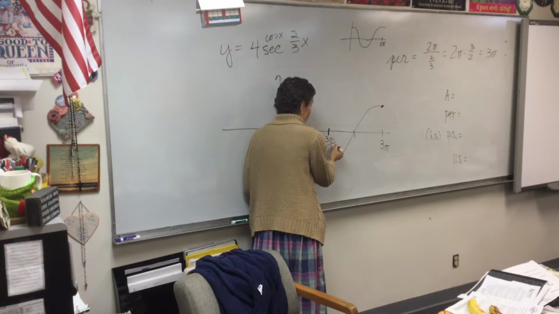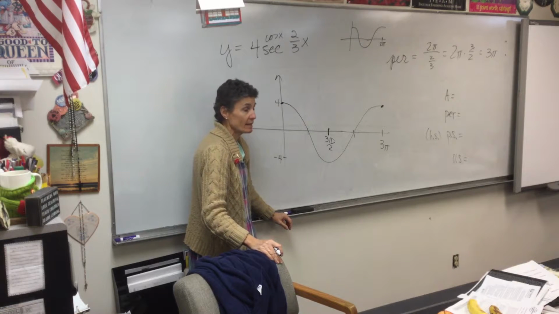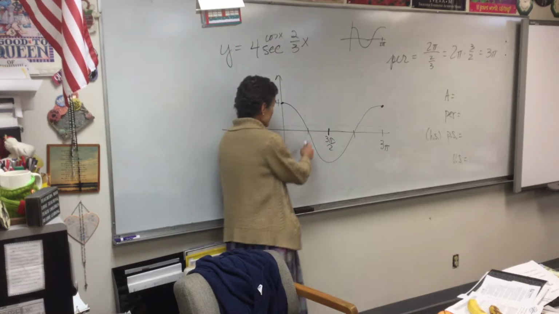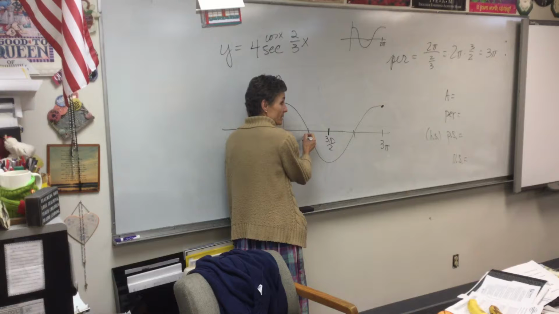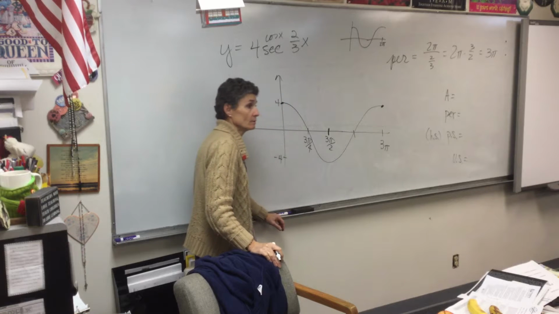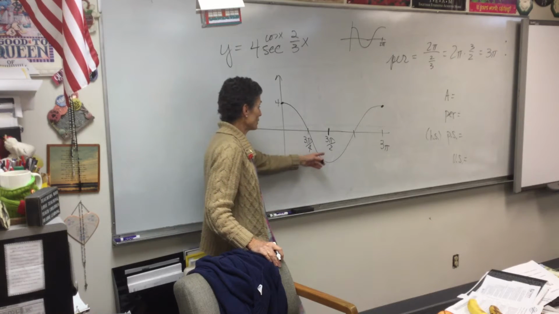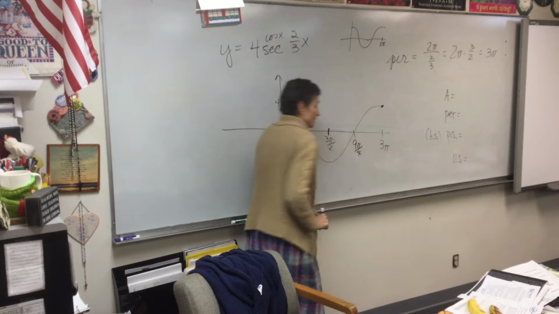I prefer personally 3/2, but certainly 1.5 is fine. This is the midpoint of 0 and 3/2. That would be 3/4. Wouldn't that be 3/4? So I got 3/4, 6/4. This would be 9/4 and 12/4.